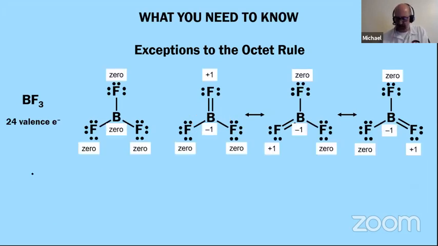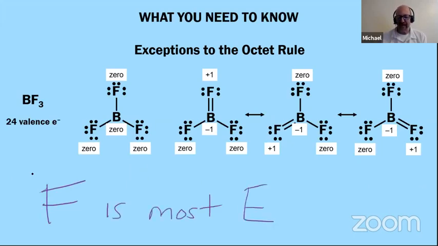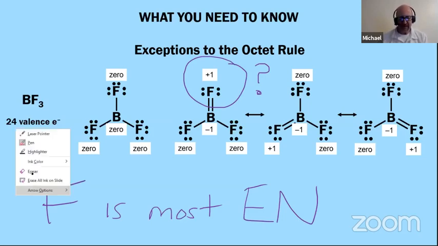As you consider electronegativity, fluorine is the most electronegative atom on the entire periodic table. So does this structure, in your opinion, if fluorine is electronegative and pulls electron density toward itself, represent a probable or a likely Lewis structure?